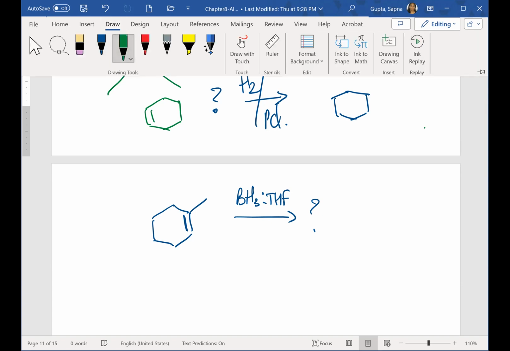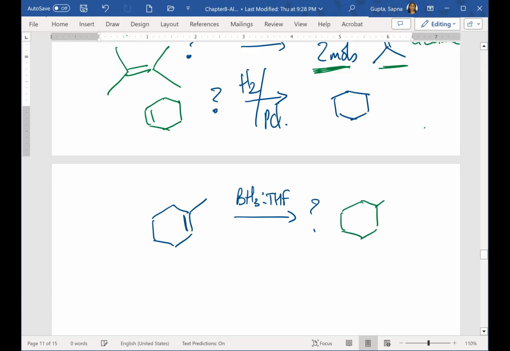Then you're going to have to write anti-Markovnikov here. Anti-Markovnikov is this. You have to be careful. That's something you have to memorize. Okay, what the reagent is doing, is it giving Markovnikov or anti-Markovnikov and all that? Those kind of things you have to memorize.